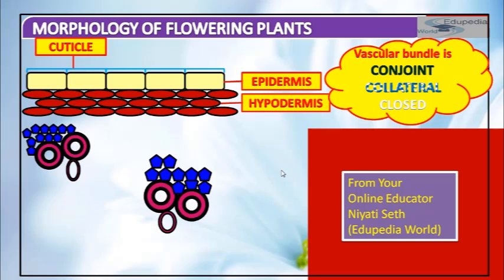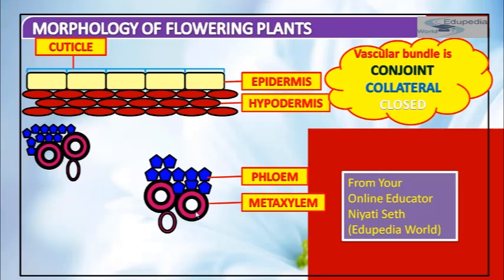This is collateral, students. And what is it? See, this blue one is phloem, and this bigger round one is metaxylem. And this is protoxylem, students. So these three make up the vascular bundle. This is one conductive tissue and these two are another conductive tissue. So in case of monocot stem, the vascular bundle is conjoined, collateral and closed.